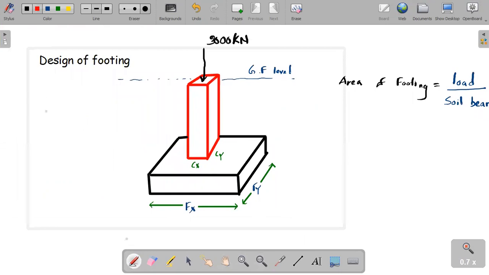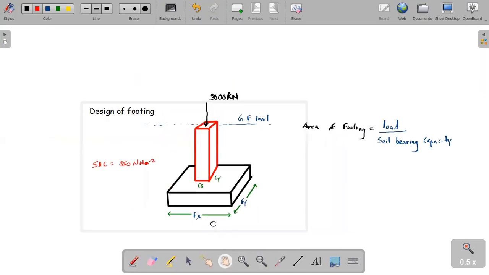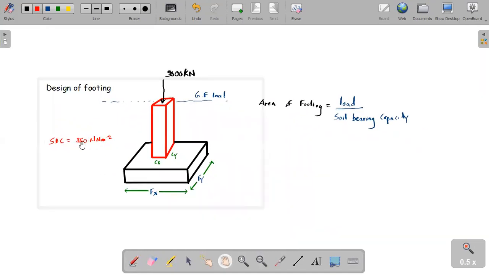Normally, in short form, we call soil bearing capacity SBC. I will take it as 350 kilonewtons per square meter. This is an example. If you are a university student, they will provide this as data.